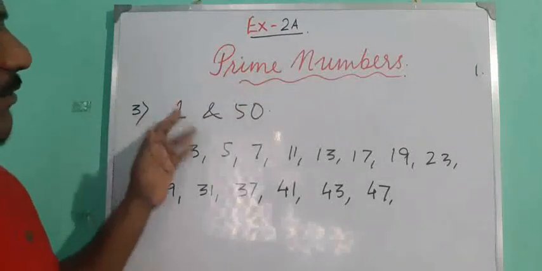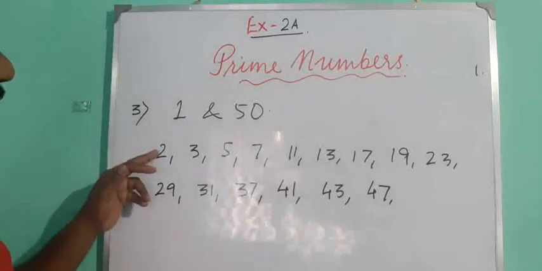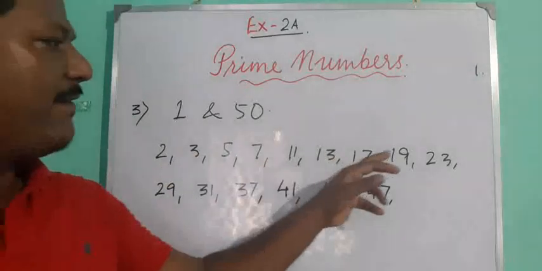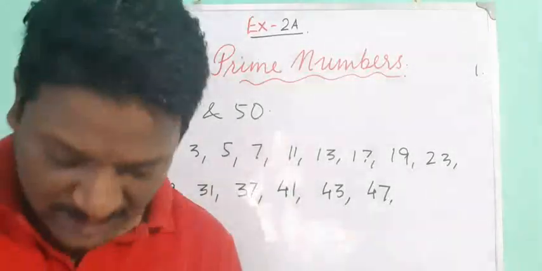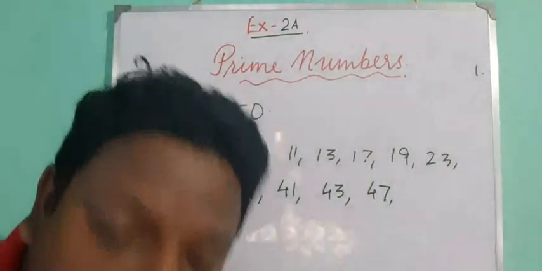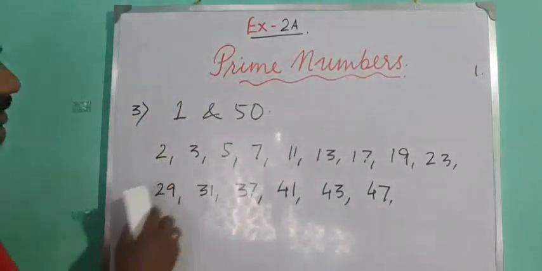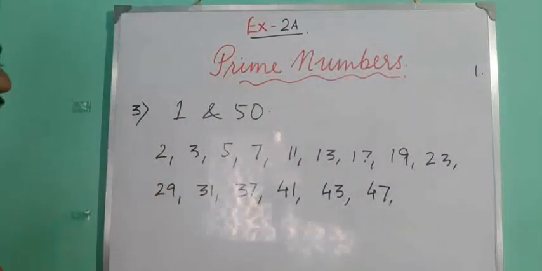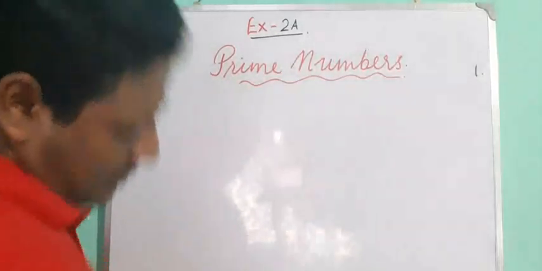Prime numbers from 1 to 50: we have 1, 2, 3, 4, 5, 6, 7, 8, 9, 10, 11, 12, 13, 14, 15. 15 prime numbers, which cannot be divided by any other number other than 1 or the number itself. Okay, this is number 4.